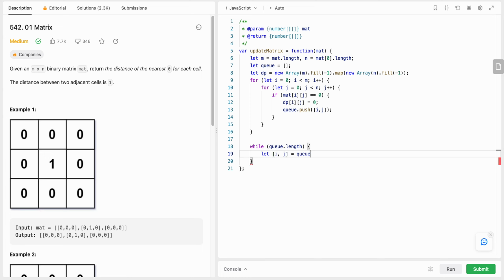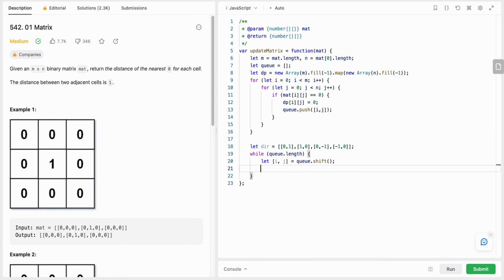So queue.shift, so we are taking the first element from our queue, and we also need to look at all the 4 directions, right? All the 4 adjacent cells. So let us create a direction array. So 0 1, 1 0, 0 -1, and -1 0.